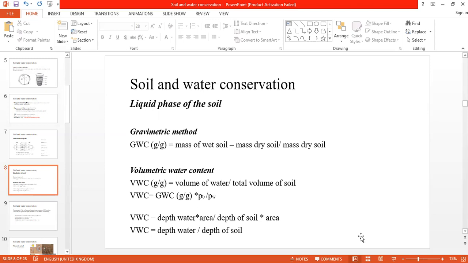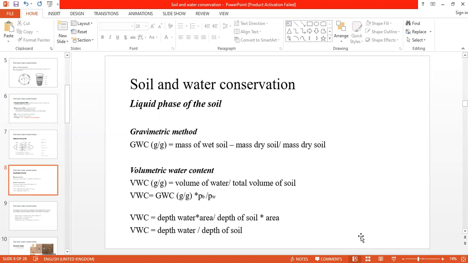The wet and the dry soil: the weight of the wet soil minus the dry soil, because when it's wet we weigh it, then we dry it, then we weigh it again. So the difference in the weight will be the weight of the water.